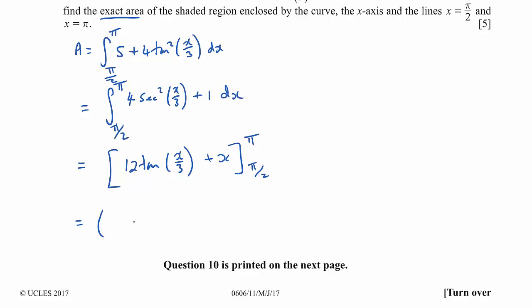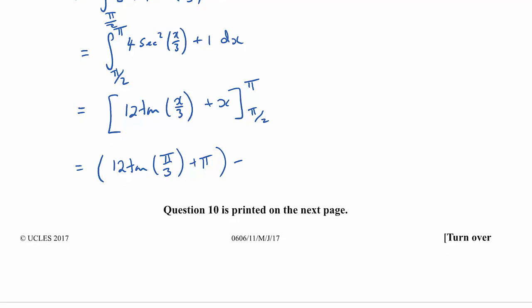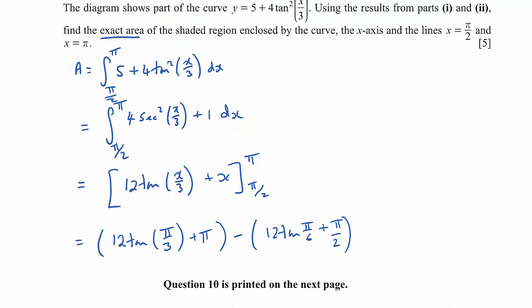So that's going to give me 12 tan pi by 3 add pi, take away 12 tan pi by 6 add pi by 2.